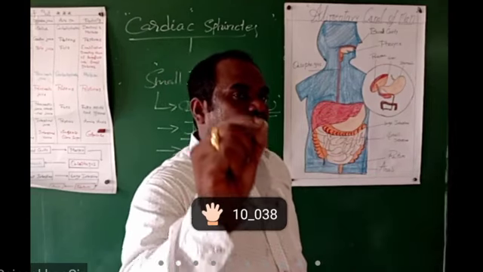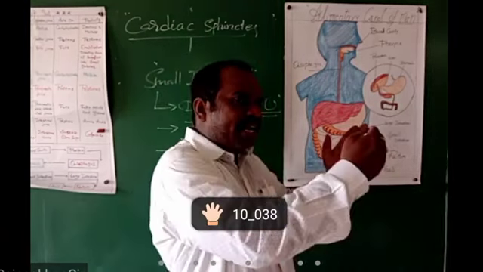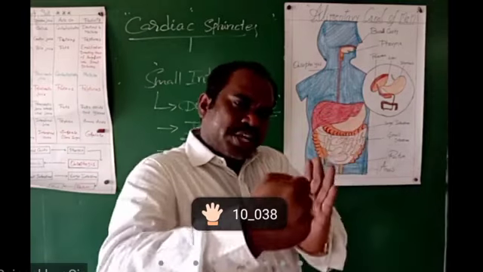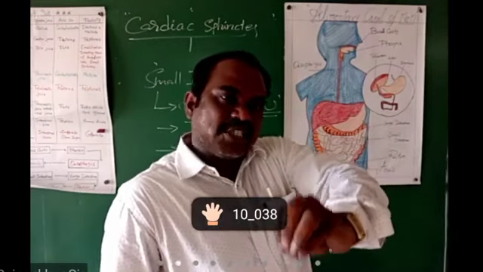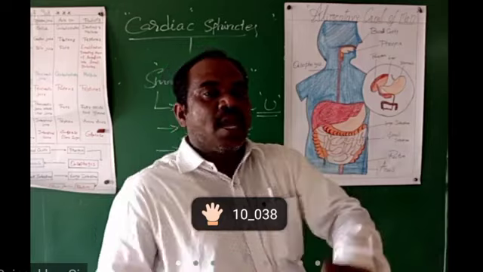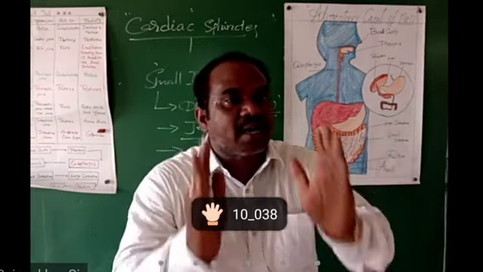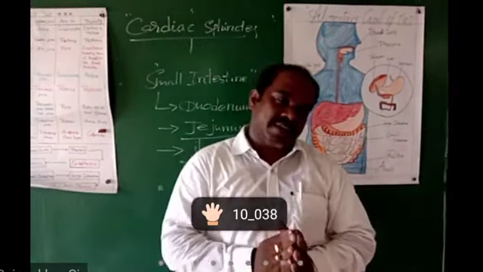The first part of the small intestine is the duodenum, and the food materials completely enter into the small intestine. Food materials are completely digested in the small intestine. Food enters from stomach to duodenum, duodenum to jejunum, jejunum to ileum. Complete digestion occurs in the small intestine.